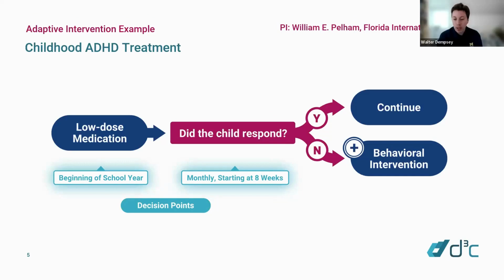So the guiding principle behind decision points, and I'm going to reiterate this when we move to JEDIs, is at what time scale do you expect meaningful changes in the tailoring variables to take place? In the context of most adaptive interventions, you're expecting meaningful changes in the response to medication at the monthly scale.